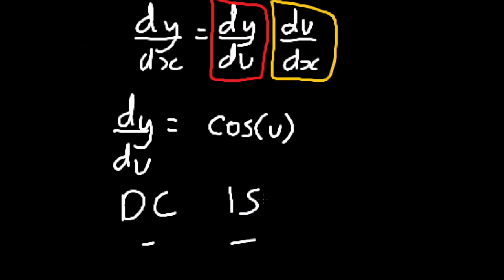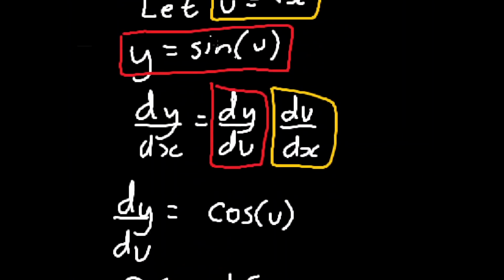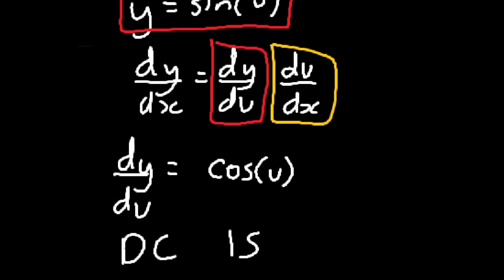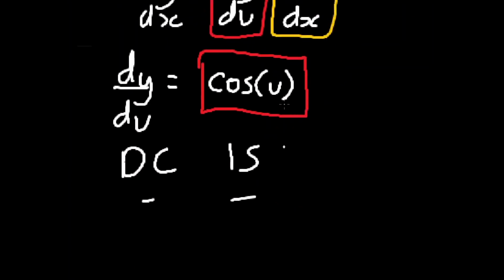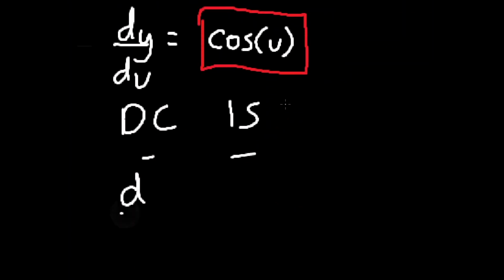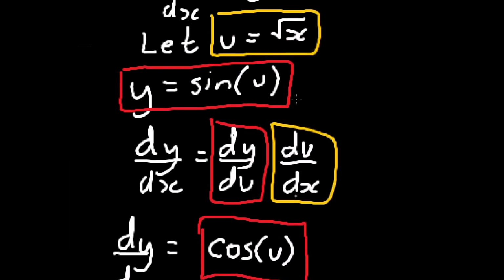Then you get a negative on both. So are we differentiating cos? No, we started and we differentiated sine. So we ended up with cos. There's no negative there. So we've got the red. Now just remember you've got to substitute out that u, because if you write a u in there, that wasn't the original question. But the next thing is we've got to find the du/dx for that value of u.